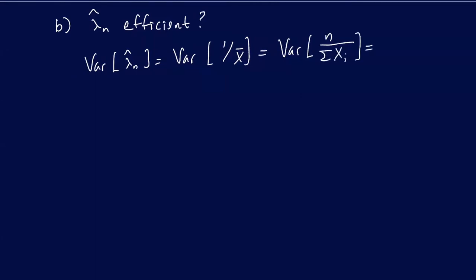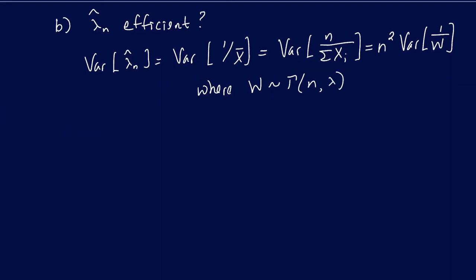Then I can pull the n out and it will come out squared. And I'm left with the variance of 1 over the sum of the x's. So I'm going to call that W, where W has a gamma distribution, and I'm adding up exponentials. The first parameter is the number of exponentials, and the second parameter matches the rate parameter.